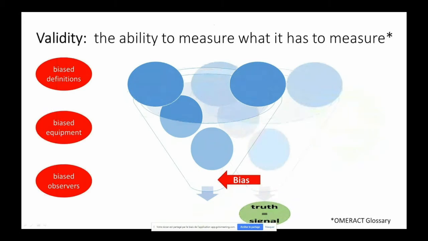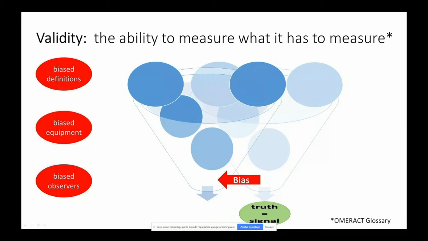Then what can also affect the validity? The validity, as defined by the OMERACT glossary, is the ability to measure what it has to measure. In that case, it means that it measures something, but probably it is not what we really want to measure. And which are the aspects that can cause the major bias?